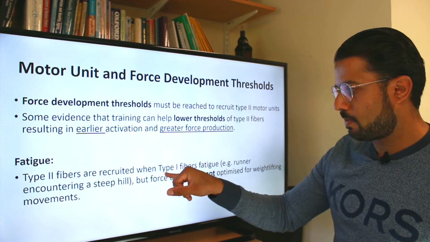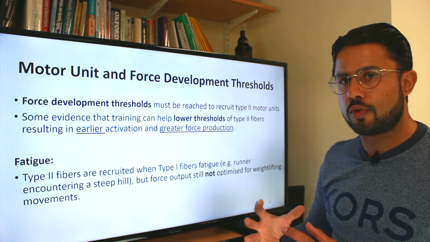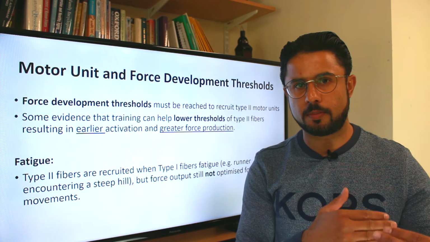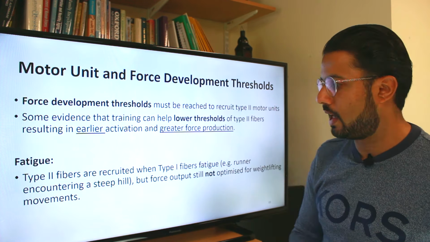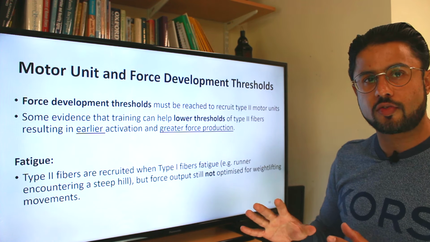But that type of training is not optimized for weightlifting. Okay, that's still very endurance based, and those type 2 fibers are only coming in because the type 1 fibers are becoming fatigued as you encounter that hill. To develop increased type 2 fiber force output and to get type 2 fibers activated early, you need to do specific resistance training. So that's extremely important.